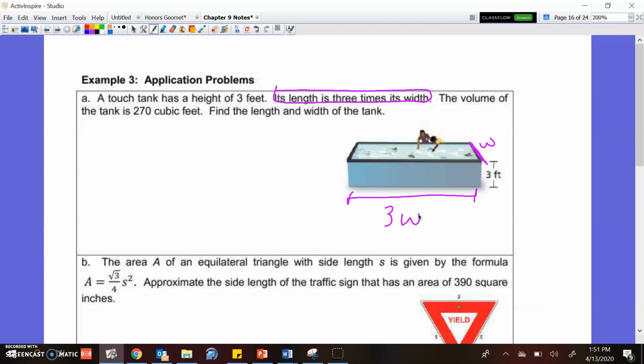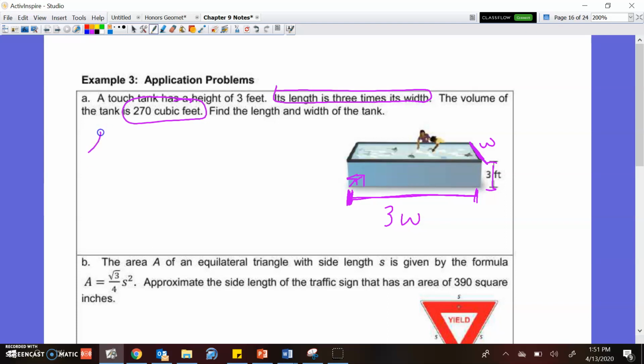Okay, so I have a rectangular box that is 3W. You could have used X or anything you want. 3W by 3 feet high by W feet wide. The volume of this entire thing equals 270 cubic feet, because we could actually get 270 little cubes in here, if we were to use 1 by 1 foot cubes.